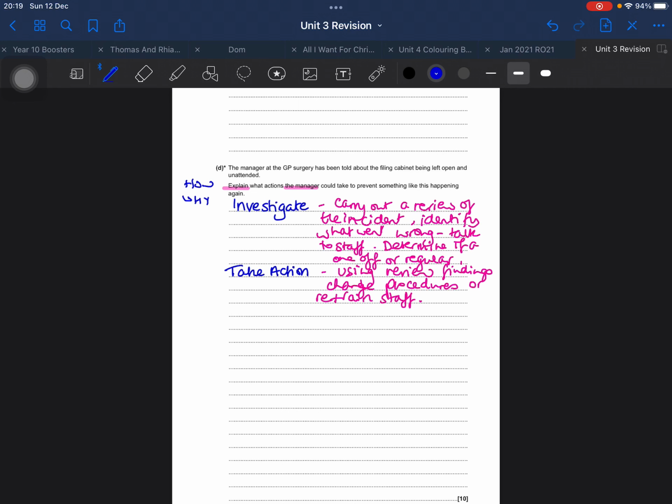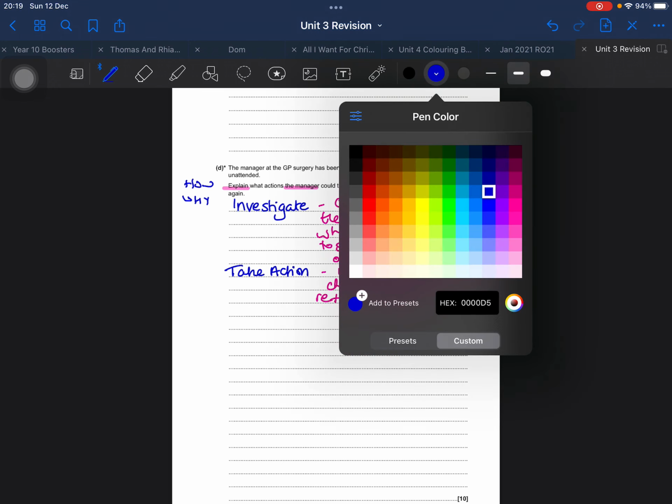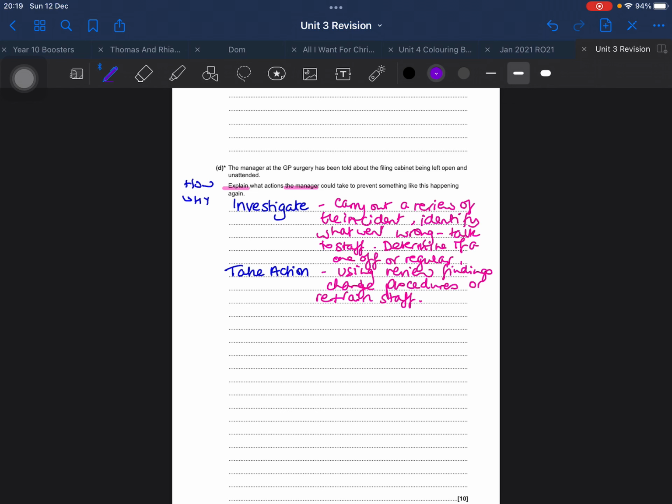It could be having display posters to remind them after they've had the training as well. So we could fit that into this. I'm going to put it in a different colour. So retrain staff, have posters on walls to remind staff of procedures.